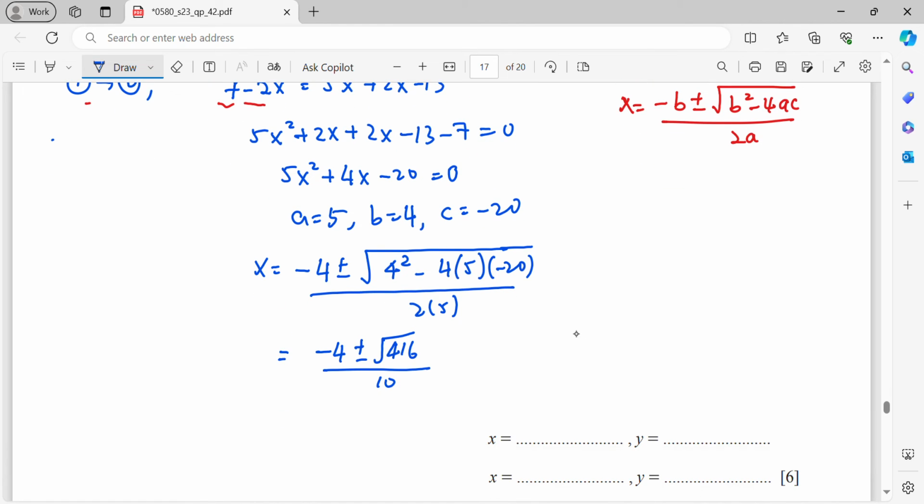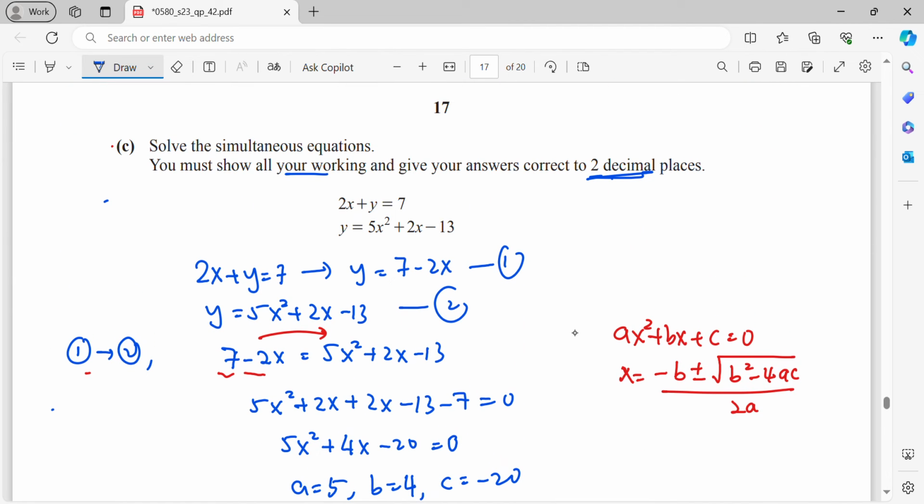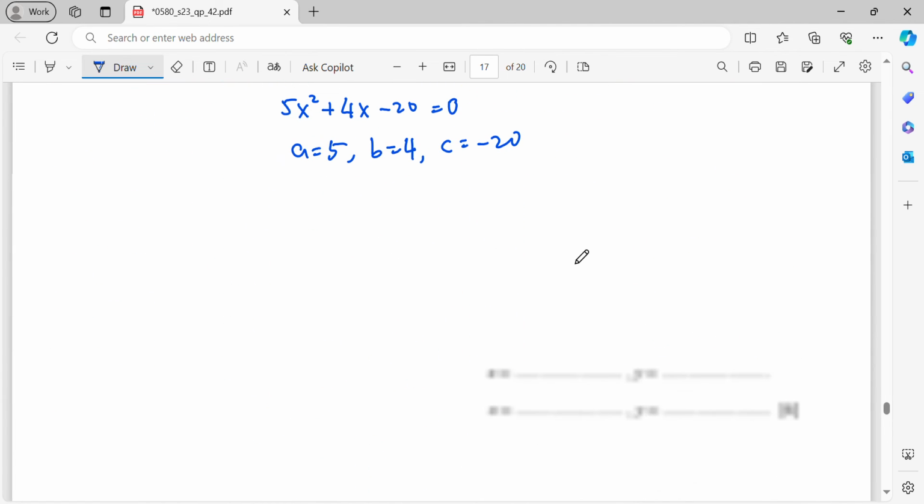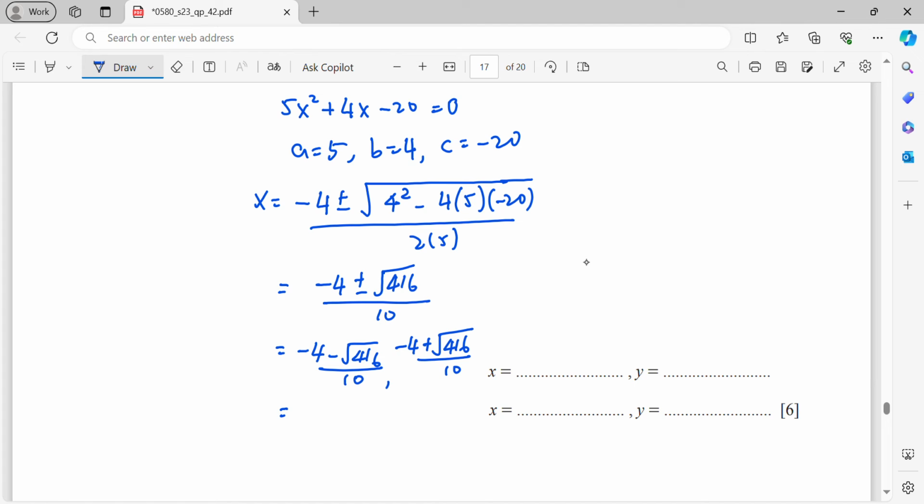Now, when you calculate, one is minus 4 minus square root 416 over 10. Another one is minus 4 plus square root 416 over 10. And in the question it is mentioned correct to 2 decimal places. So make sure to round to 2 decimal places. Then you will get negative 2.44 and 1.64. So here I will write down first negative 2.44 and 1.64.